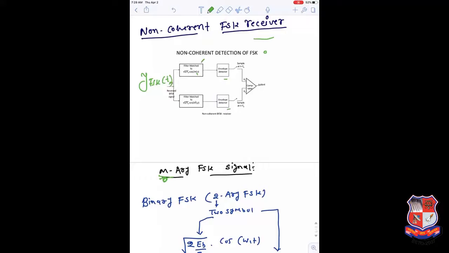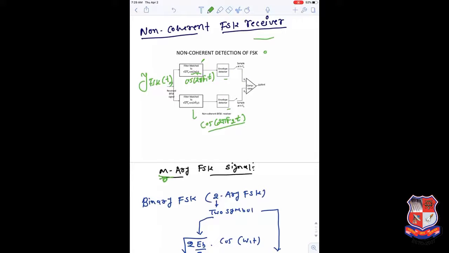This is the matched filter. If your signal has the carrier cos 2 pi f1t, it perfectly matches and generates the best outcome. And the second matched filter is designed for cos 2 pi f2t signals.